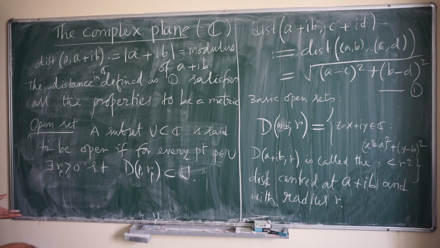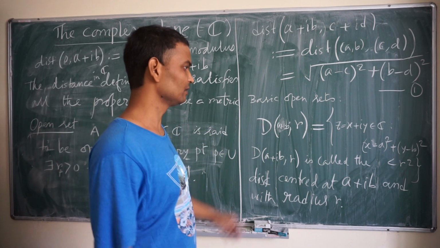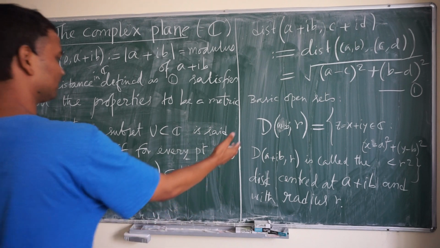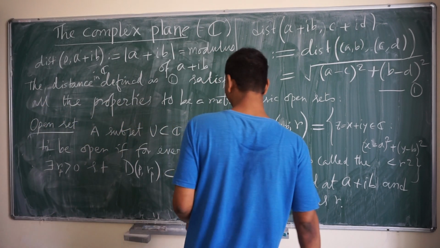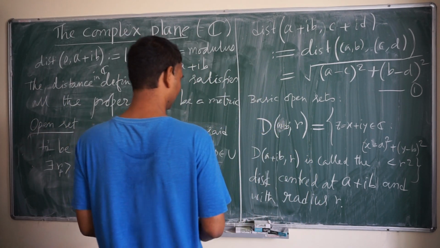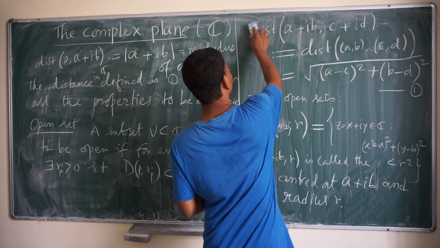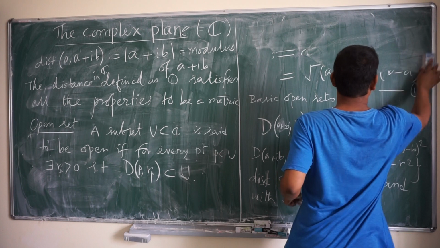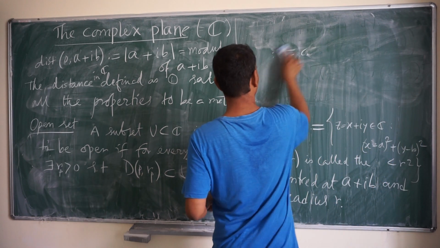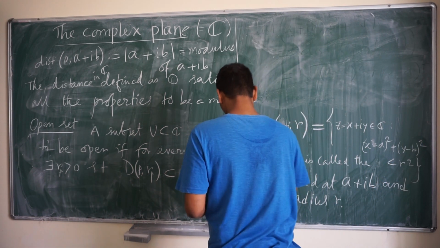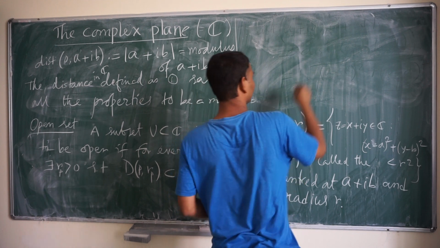You see, you know these things are open sets. So what are these in the picture? I should draw a picture here. Let me erase this distance and draw a picture.